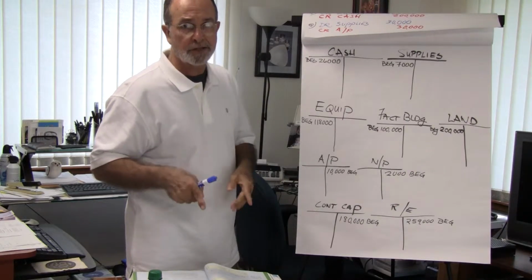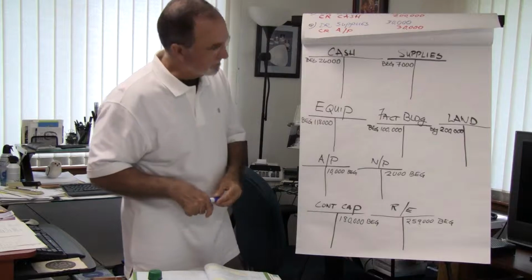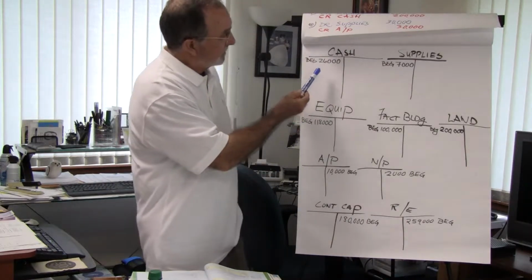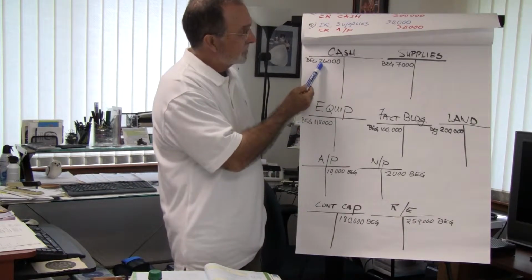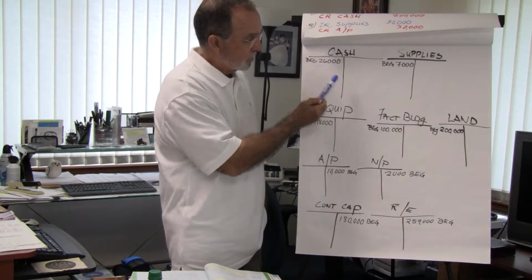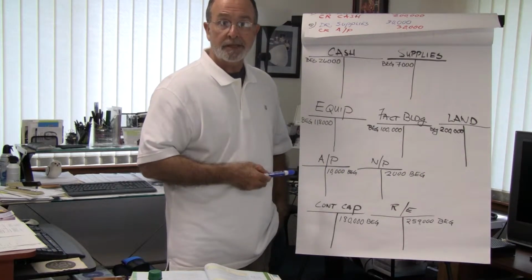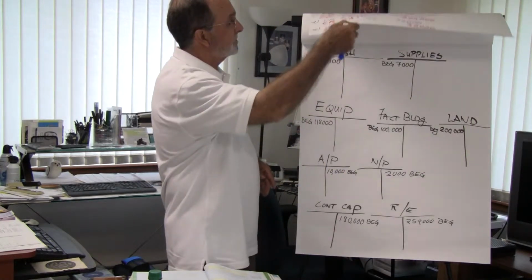Again, we get those balances in the problem as the June 30th balances. And in addition, we show the balance either on the left side of the account or on the right side of the account, depending on what type of account it is.